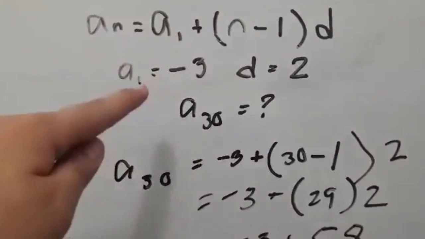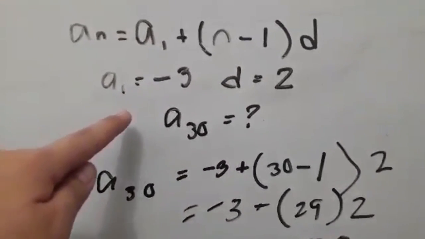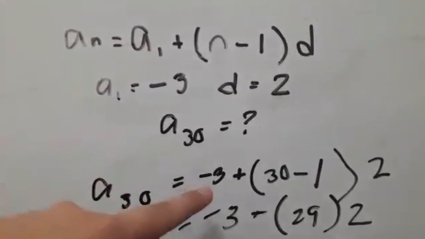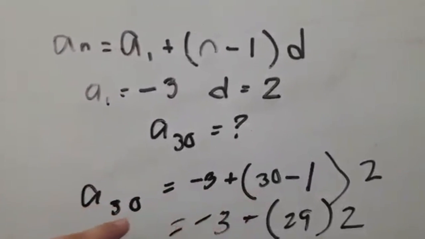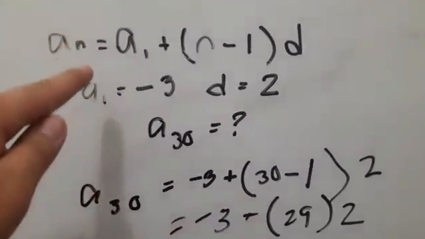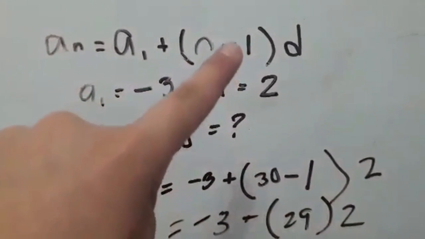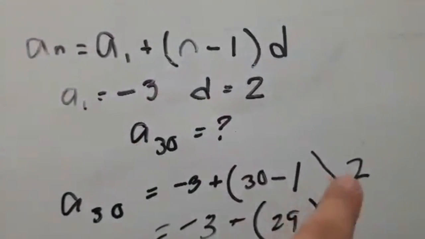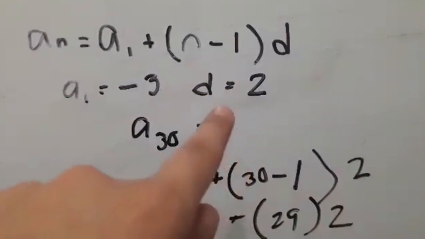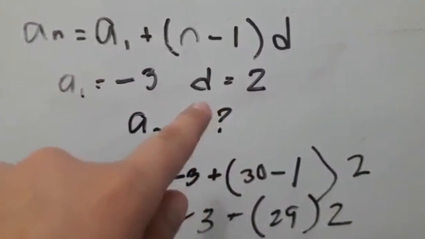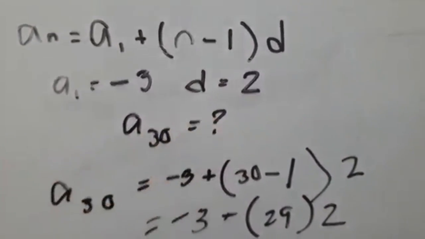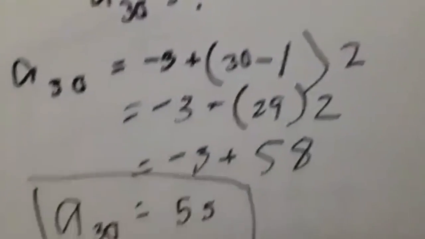A1 became -3 because that is the first term given to us by the problem. N is also 30 because it is also the nth term. 1 is a set number and it's already included in the formula. D is 2 because that was what was given to us in the problem. So then we continue solving.